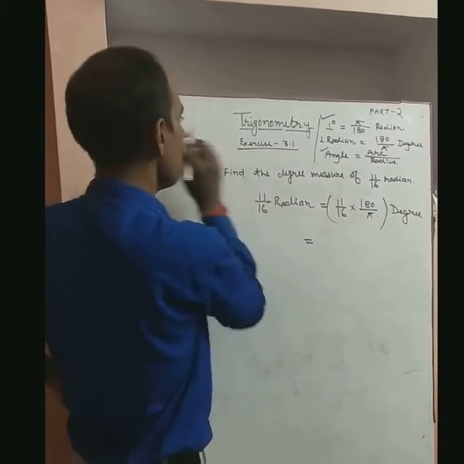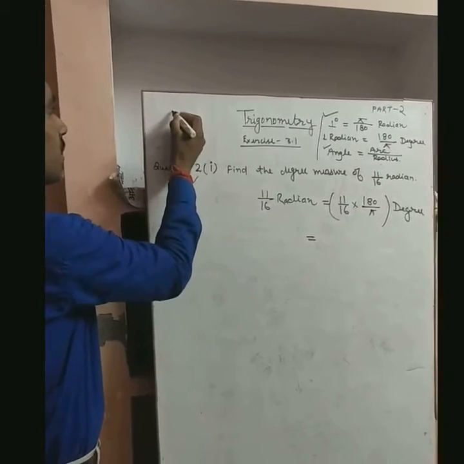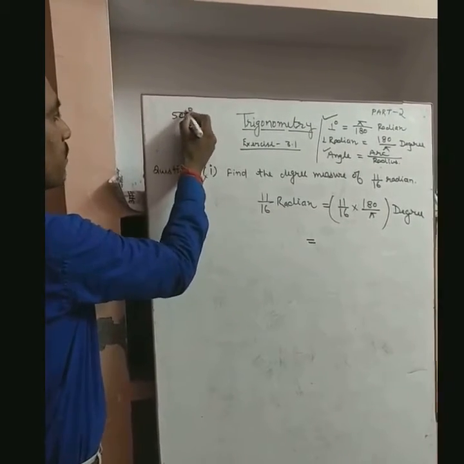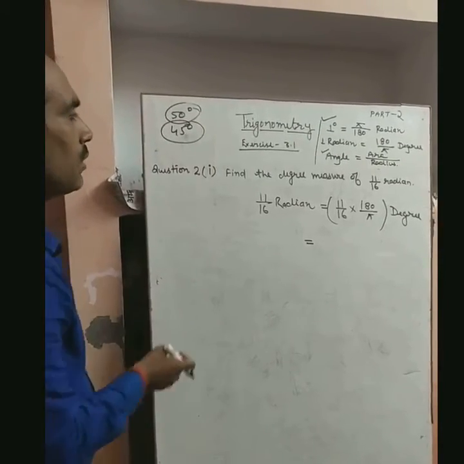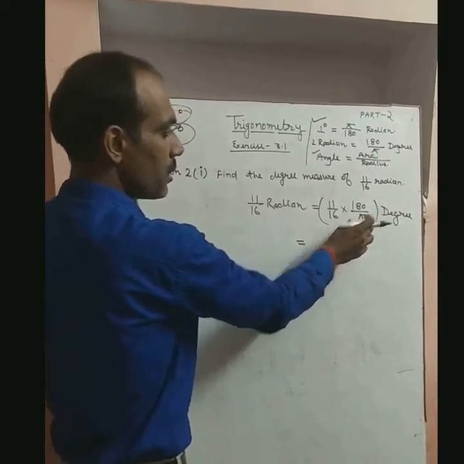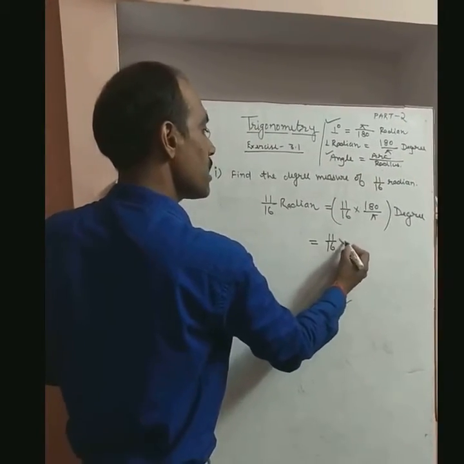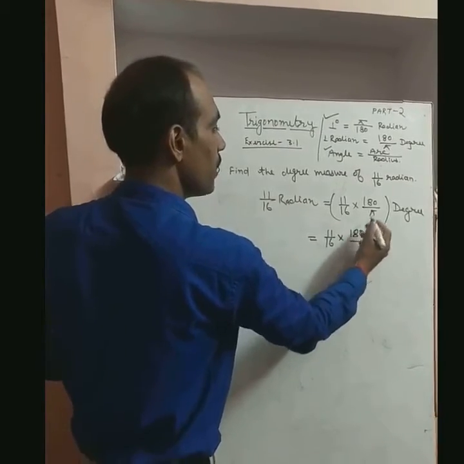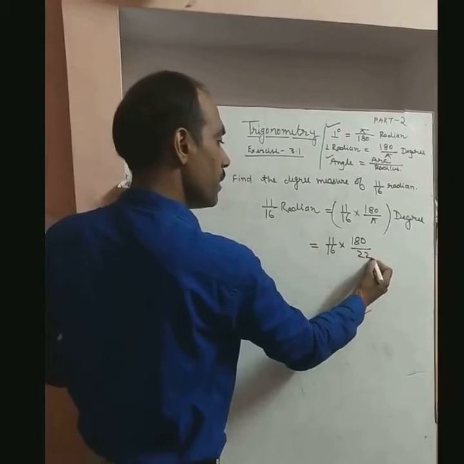Now in the degree measure, we see that this is not a 50 degree or 45 degree type of answer. It means there is no pi, so here we will put the value of pi. Then 11 upon 16 multiplied by 180 upon the value of pi. Pi is equal to 22 upon 7.